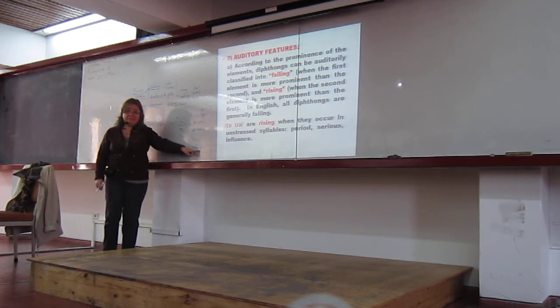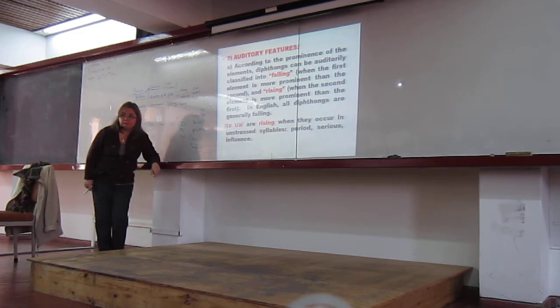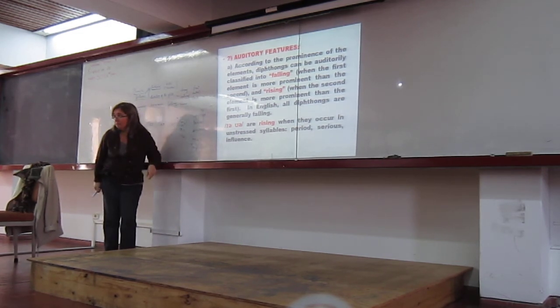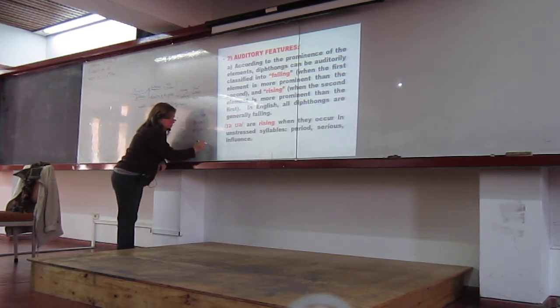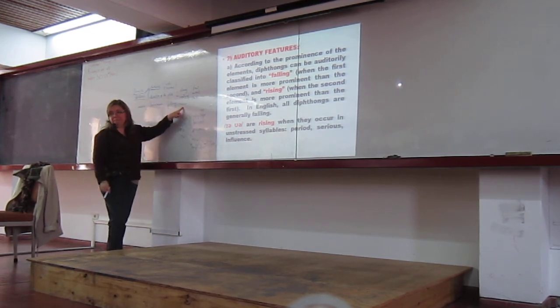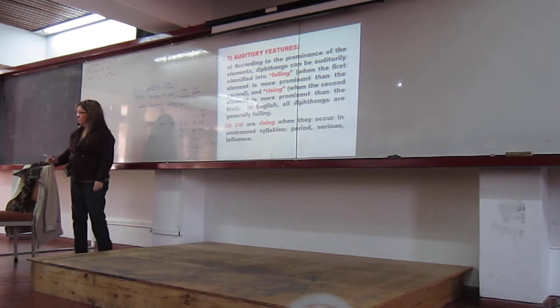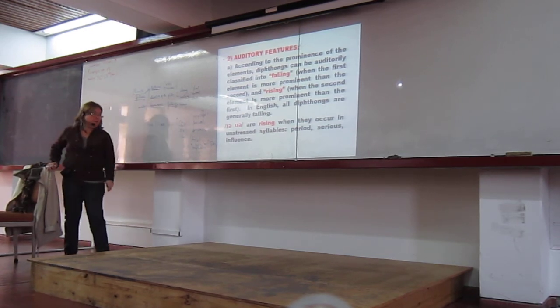Influence? Do I say that? The stress falls here. Say influence. So this is a weak syllable, right? So this becomes what? Rising. Because it occurs in a weak syllable. Can you follow me? All right.